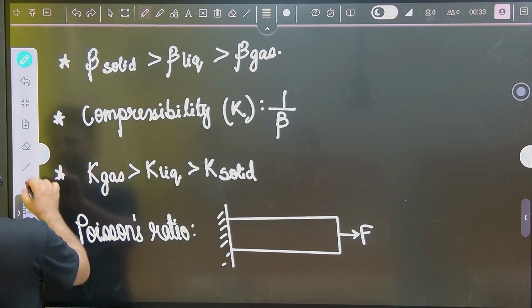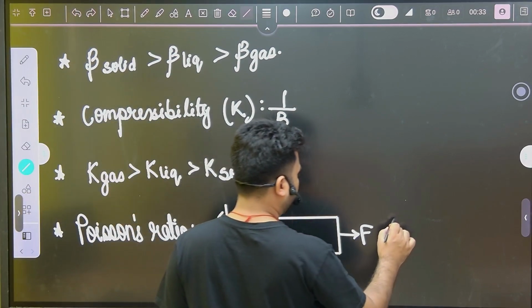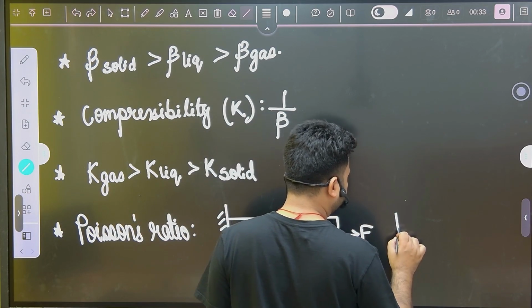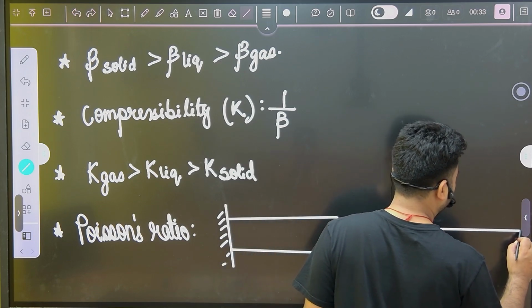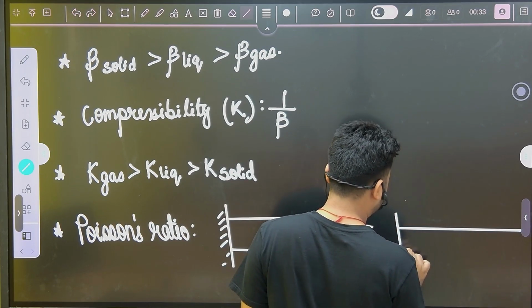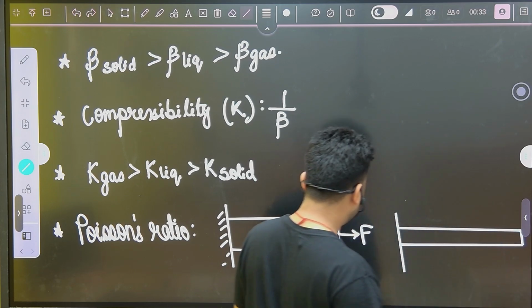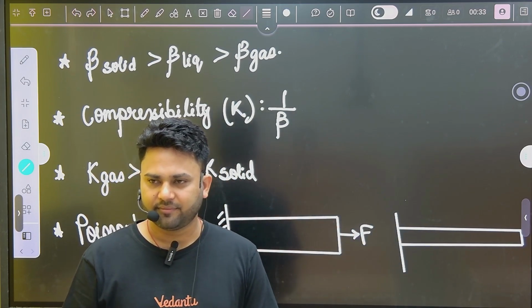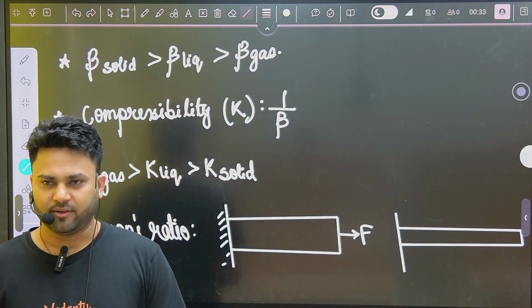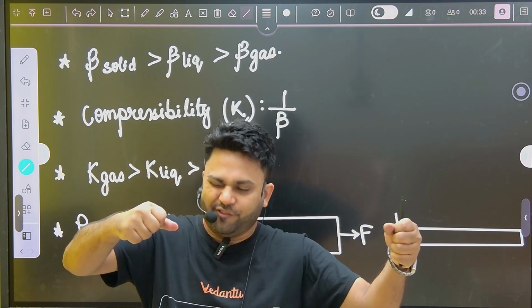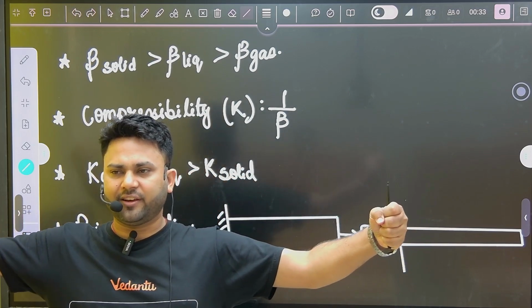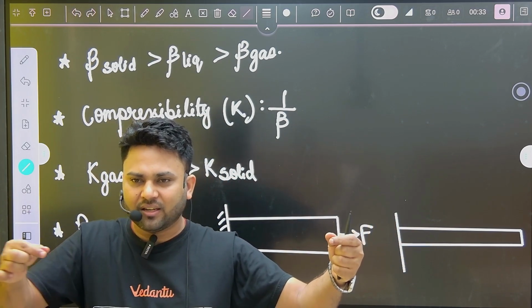Definitely this rod will elongate. It is fine. But this rod will become thin. If you have a rod or cable and you are elongating it, finally it will become thin.